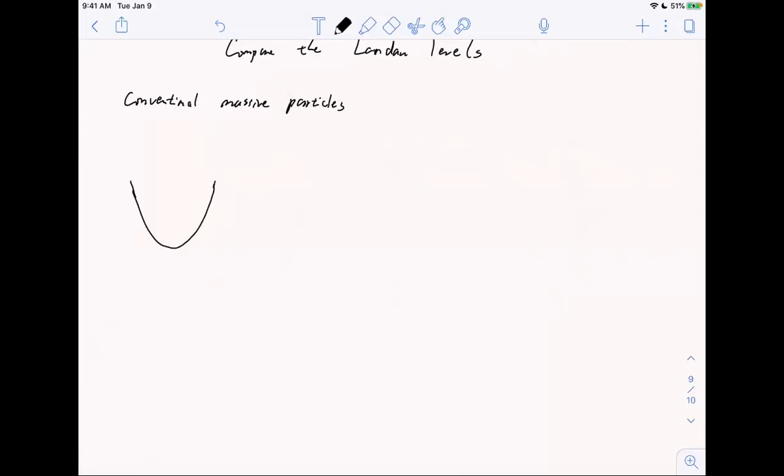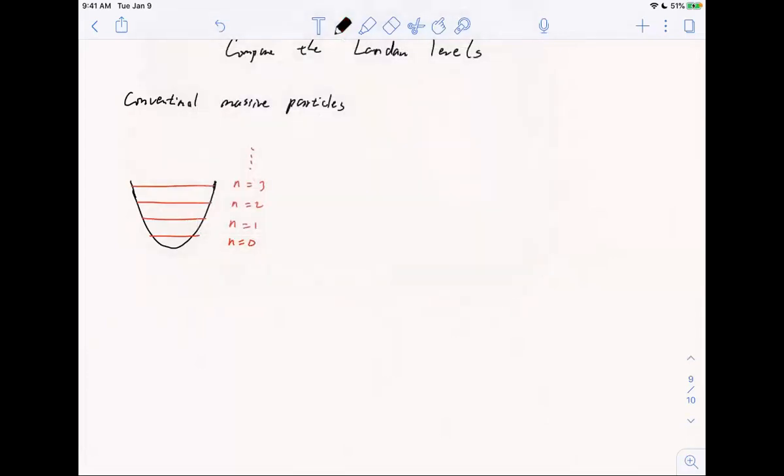So you have a Landau level, and this is n equal to 0, and then they're all evenly spaced. N equal to 1, and yeah. So these are the conventional ones.